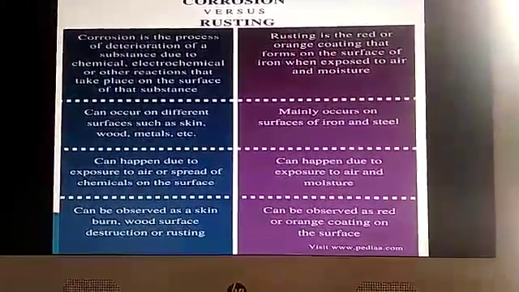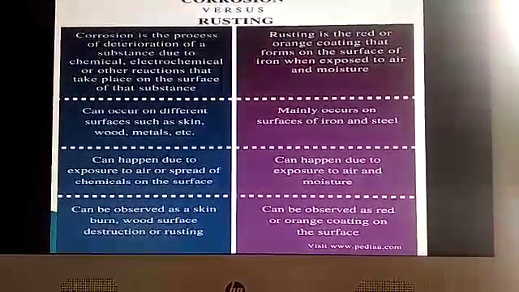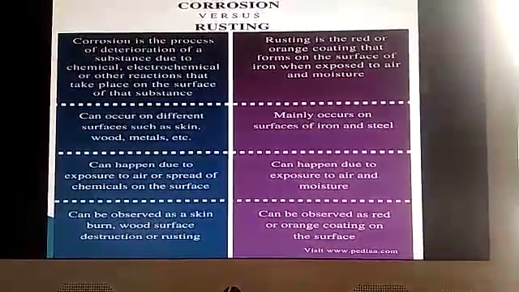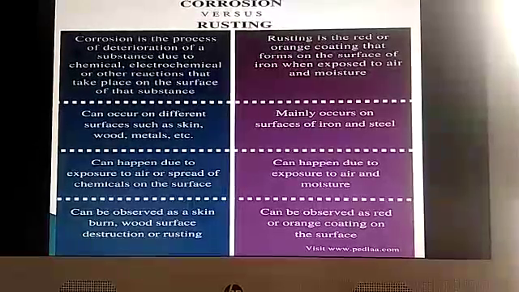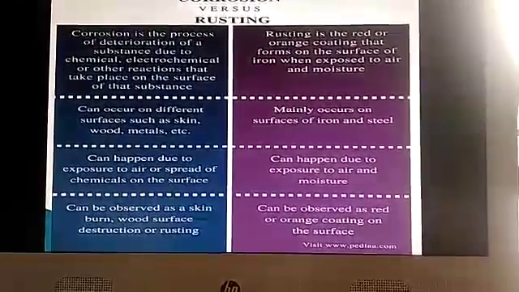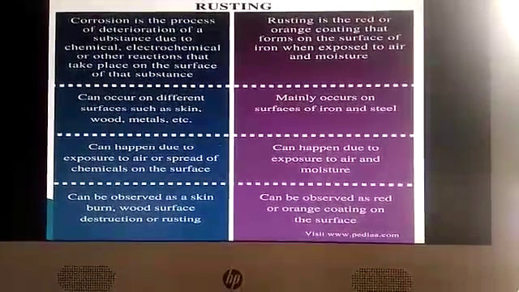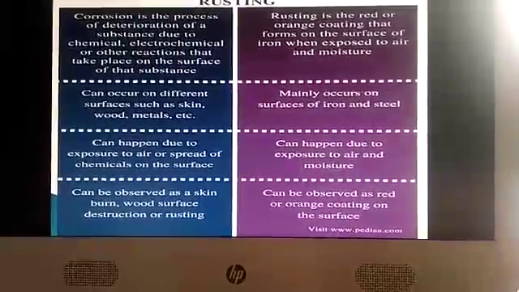Corrosion can occur on different surfaces such as skin, wood, metal, etc. Rusting occurs only on surfaces of iron and steel when exposed to air, otherwise no. Corrosion can happen due to exposure to air or spread of chemicals on the surface.